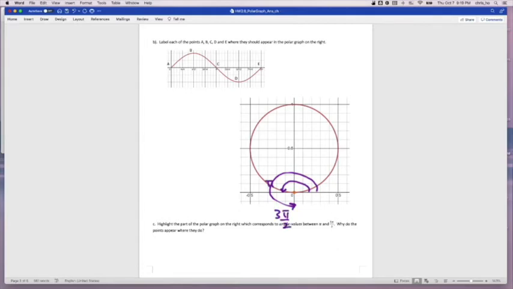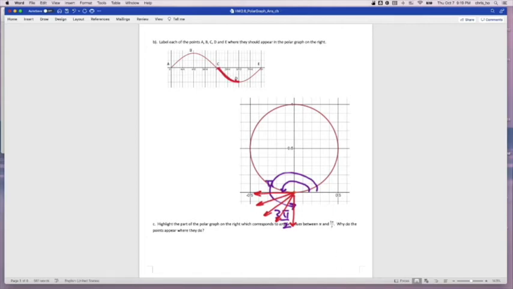In this region, my r, I'm going to use vectors to show, these would be the vectors that are pointing in that angle theta, right? But bear in mind that all the r's in this region are negative.